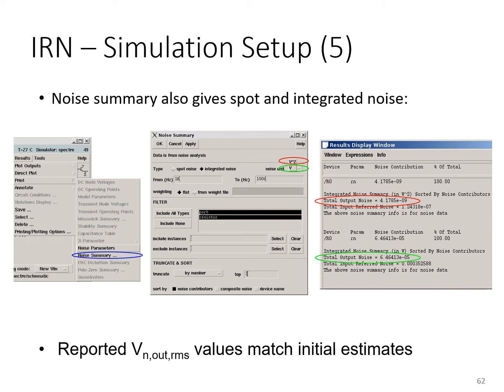Now, this circuit was very simple. There was only one noisy component in the circuit, and that was the resistor. But in general, noise simulations, if you look at the report produced by them, can be very useful because they will separately identify the noise contribution of each device in the circuit. So this could be very useful in, for example, an amplifier circuit where you may have many transistors contributing to the output noise, but quite often only one or maybe two of the transistors' noise terms are really dominant.